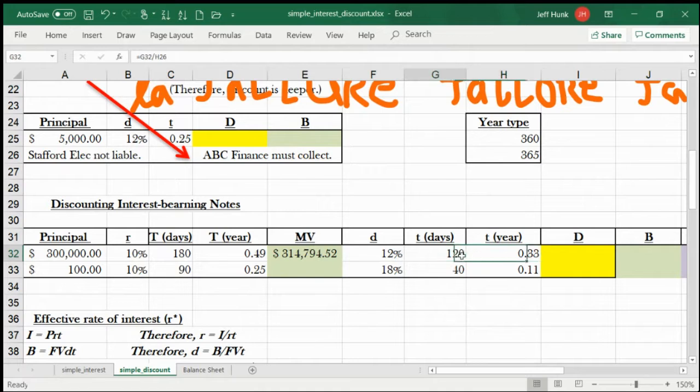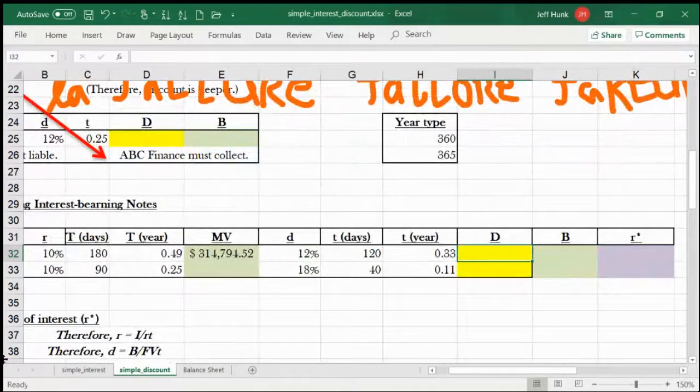Then 120 days, converting into years, is 0.33.